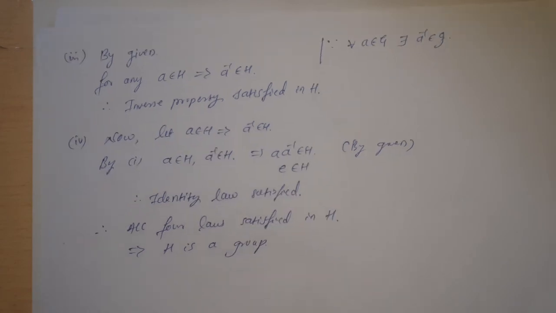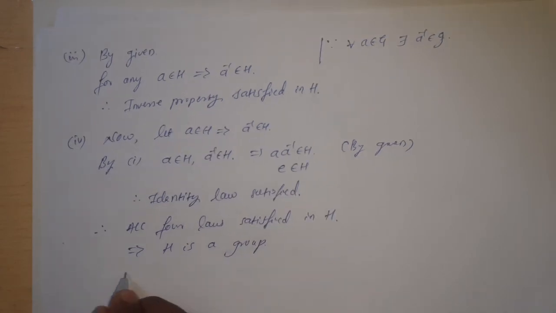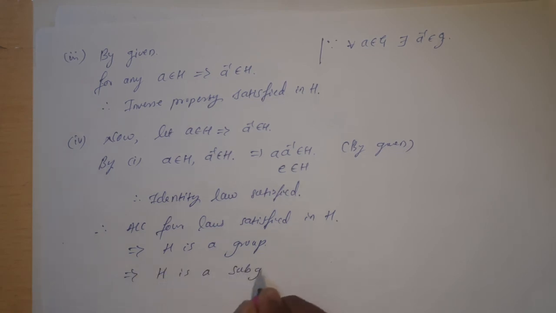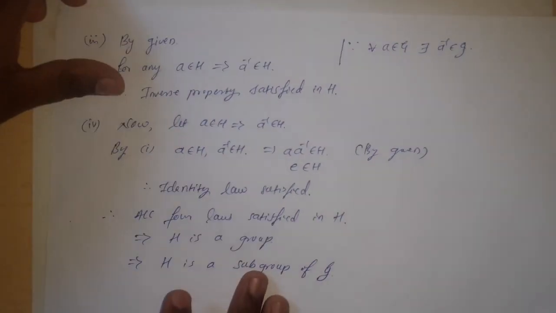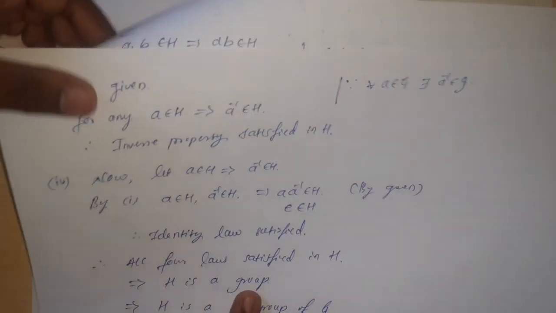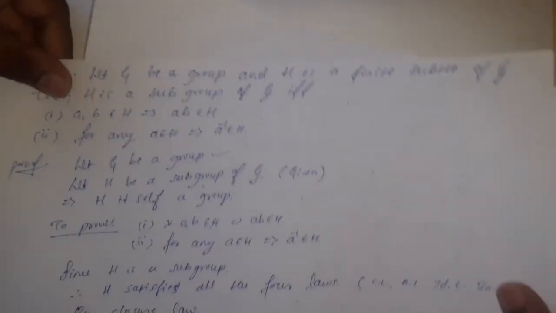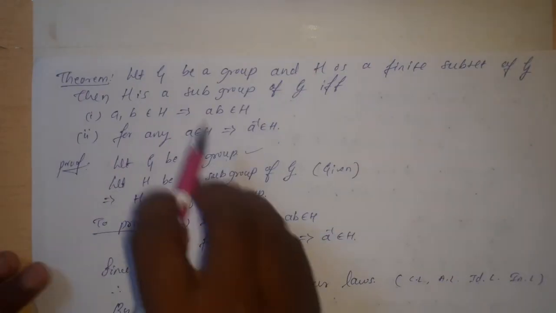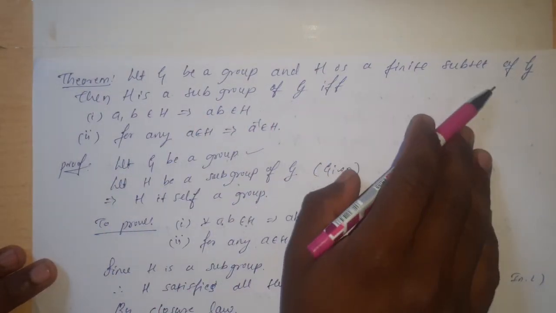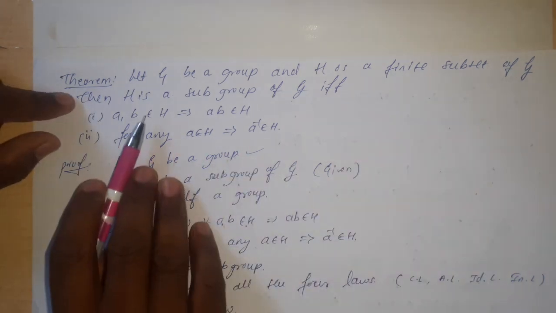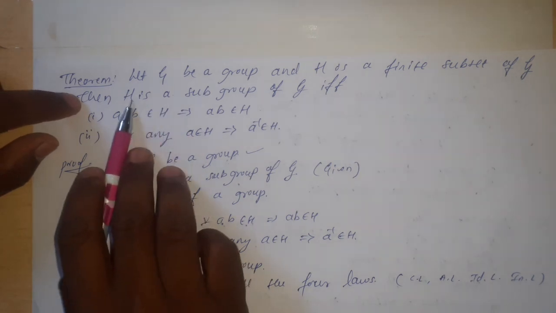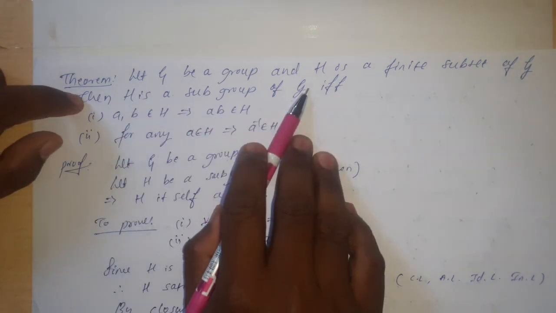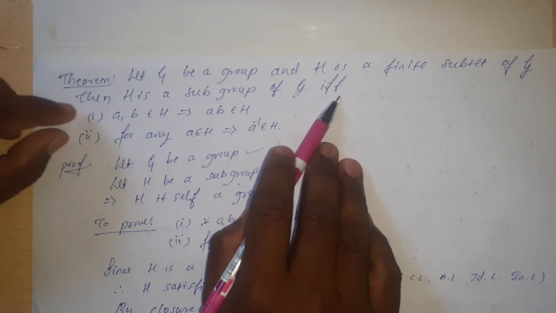If H is a group and it is a subset of G, it implies H is a subgroup of G. So, here in this theorem, by considering H to be a group and H a subset of G, this is the proof of the theorem, that H is a subgroup of G if and only if these two conditions are satisfied.